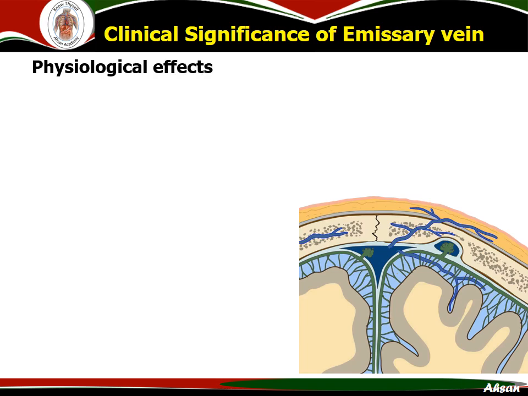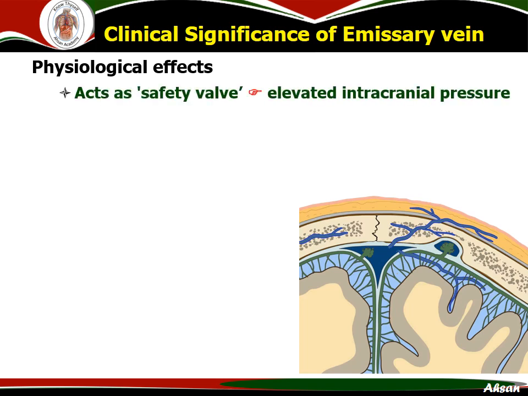There is some physiological effect. The emissary veins connect the extracranial veins with the intracranial veins. There is no valve here, so this allows flow in either direction, and this acts as a safety valve to control elevated intracranial pressure.